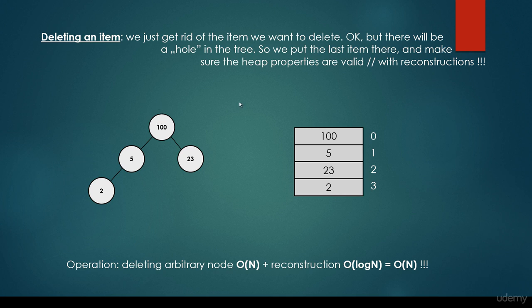So that's why removing the root node is going to have logarithmic running time. Removing an arbitrary item, an arbitrary node in a heap data structure is going to have linear running time because we have to make a linear search in the one-dimensional array in which we store the items.